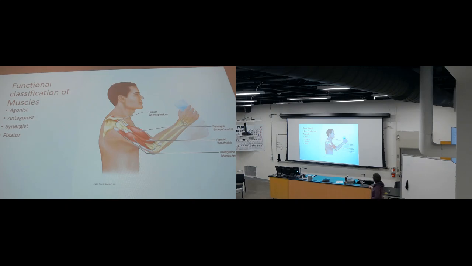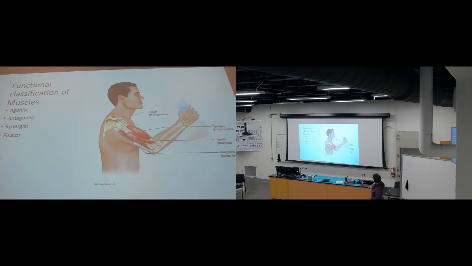So these two will be helping each other. You have the agonist, which is the brachialis, and the synergist, which is the biceps brachii, and then you have this fixator, which is the supraspinatus, that helps keep the head of the humerus inside the glenoid cavity, helping these muscles make the movement much more efficiently.